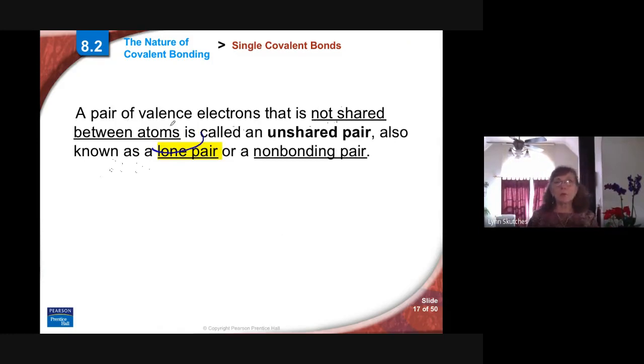I've brought this topic up already, and I'm going to keep hammering it because it's so important to understand the shape of a molecule and how lone pairs affect molecules and how that affects physical and chemical properties. So our book calls them unshared pairs. Some books call them non-bonding pairs. Lone pairs are a lot easier.